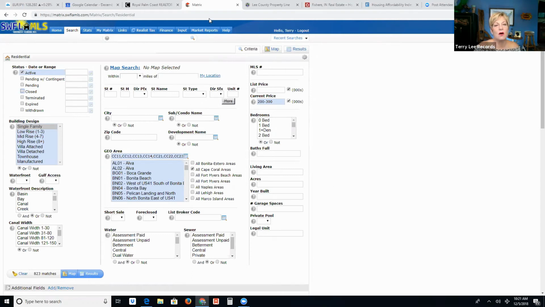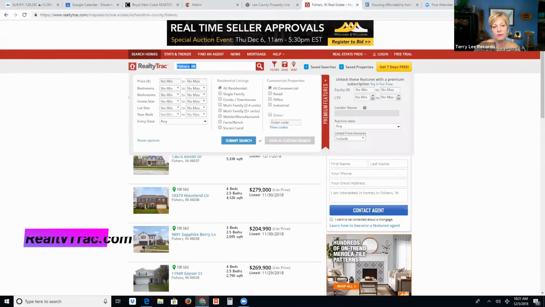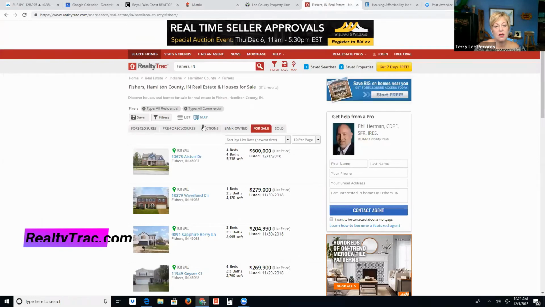Another place you can go to look at overall stats is RealtyTrack.com, and you can pay for a subscription, or I think they have some free searches too, and you can go in and say, here's Fishers, Indiana. I just happen to have that in there. And it'll tell me all kinds of things. How many foreclosures are there?